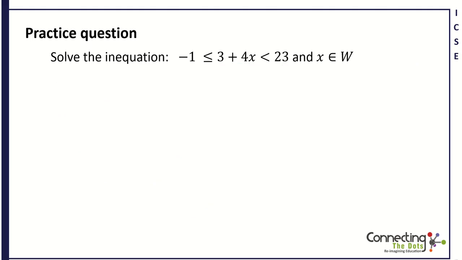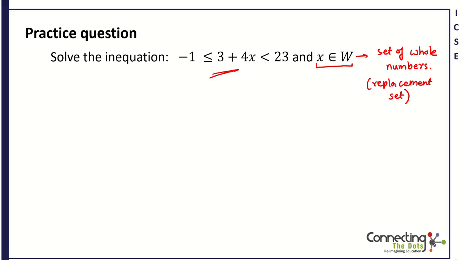Next question is this. Now notice, you should always keep in mind before you start doing these that x belongs to the set of whole numbers here in this case, and this is the replacement set, and whatever solution set you find must be part of the replacement set. Whatever solution you find must be whole numbers. So keep that in mind before you start solving these things.